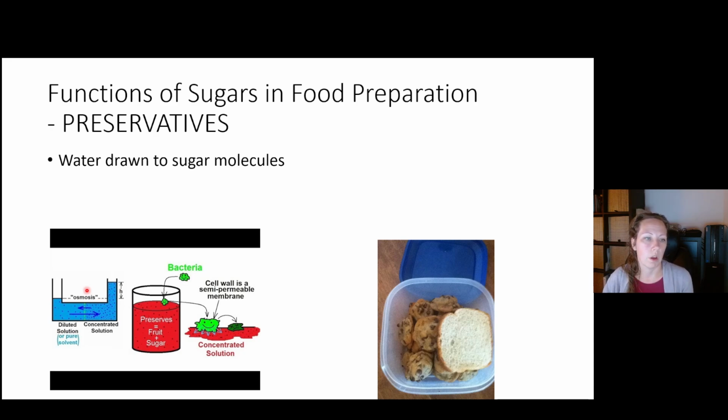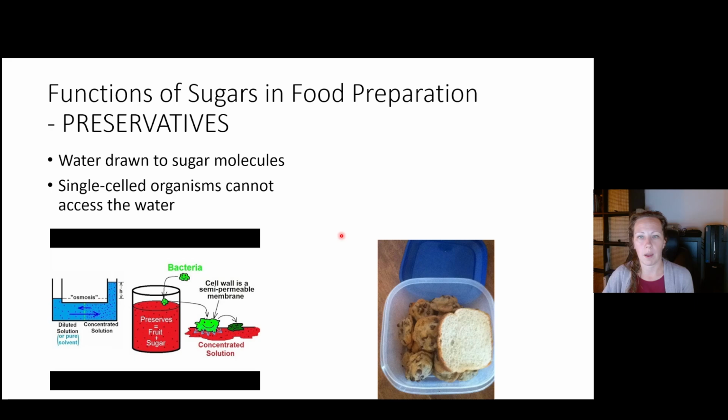And because this water is drawn to the sugar molecules, single-celled organisms cannot access the water, as long as you don't have more water than what can be drawn to the sugar molecules. So this is why something heavily sugared, like fruit preserves, jams, jellies, syrups, etc., even though there's quite a bit of water there, the water is all being drawn towards the sugar.